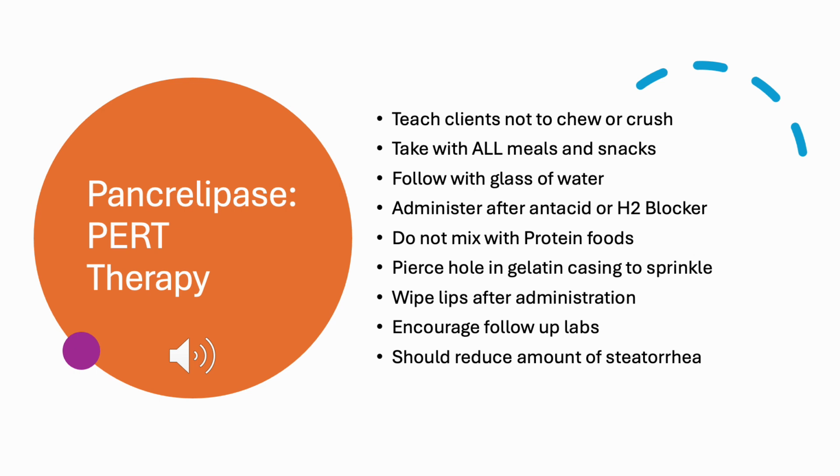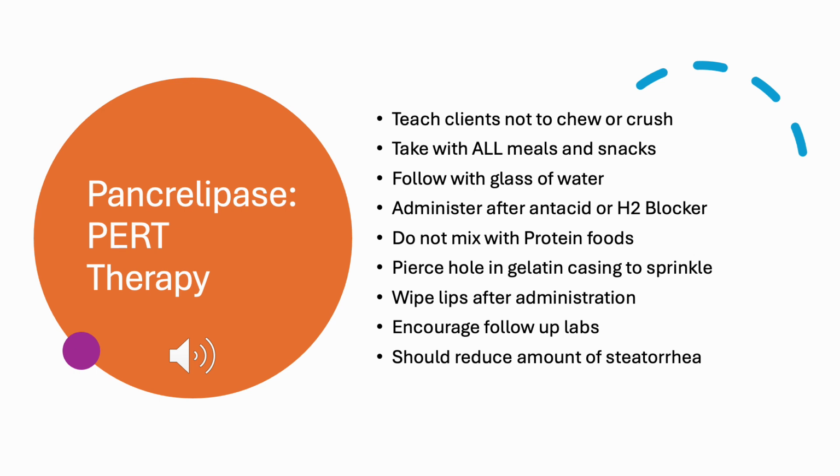They need to take it with all meals and snacks, and then they need to drink a full glass of water after they take it. Administer the enzymes after an antacid or H2 blocker because it decreases pH and activates the drug. If the client can't chew, pierce a hole in the gelatin casing and place the contents in applesauce.